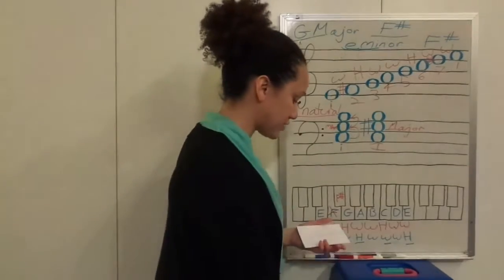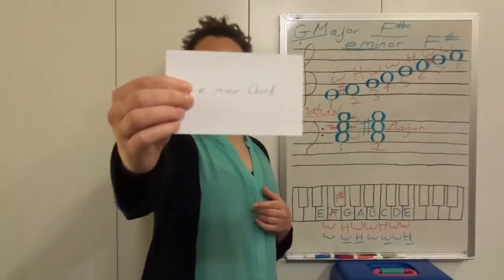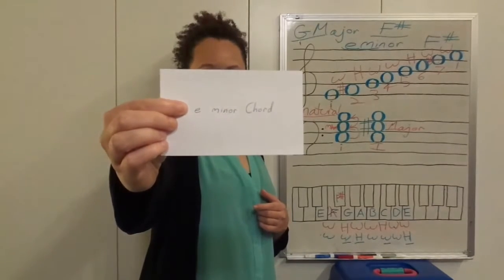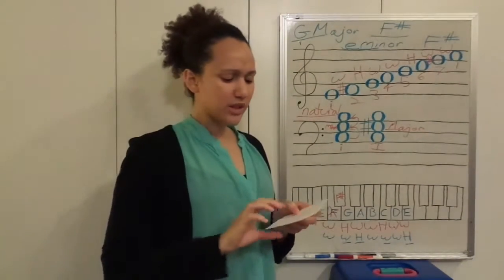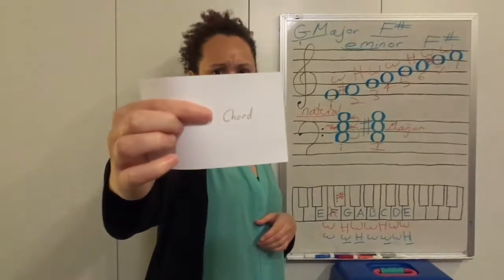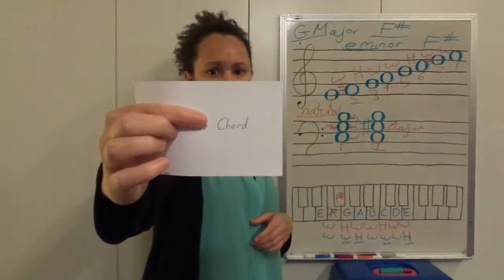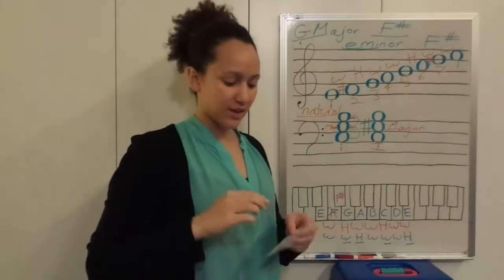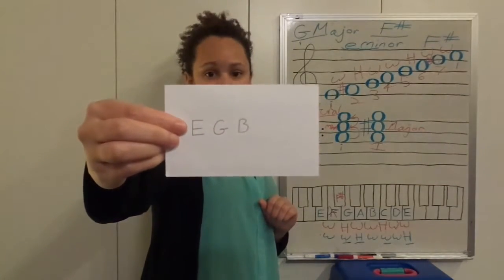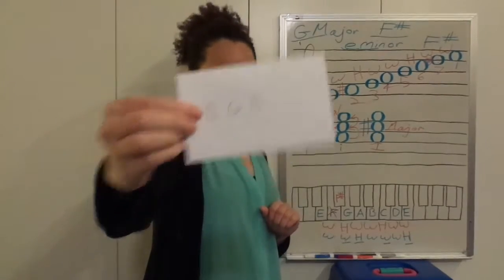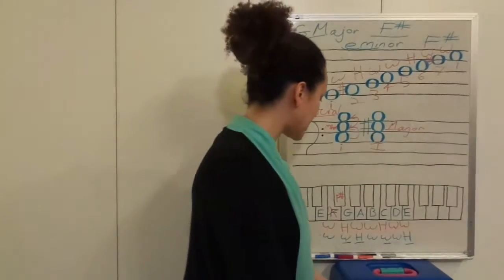So those are contrasted. And then the E minor chord, same thing, lowercase e and lowercase m. You can make the C for chord lowercase if you want, but usually we just leave it uppercase. Either one, doesn't really matter. And then E, G, B for the chord, the actual spelling of the chord.